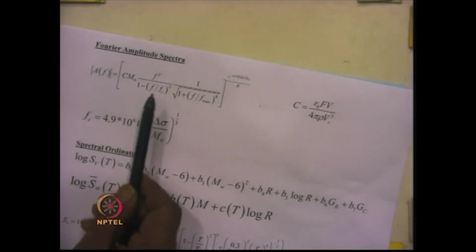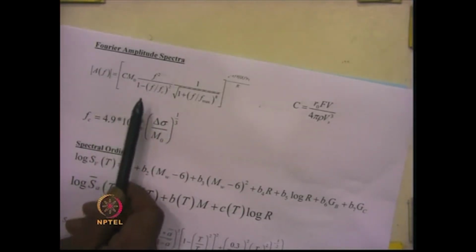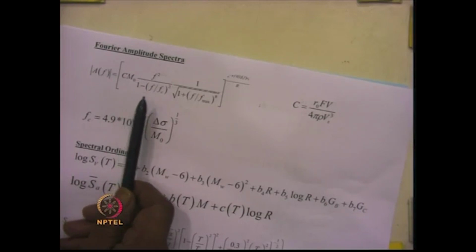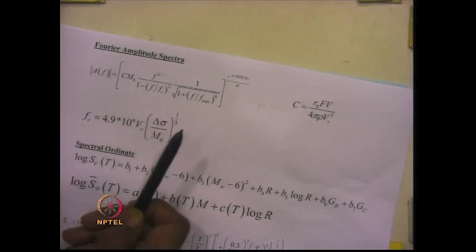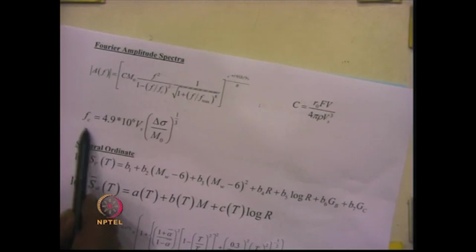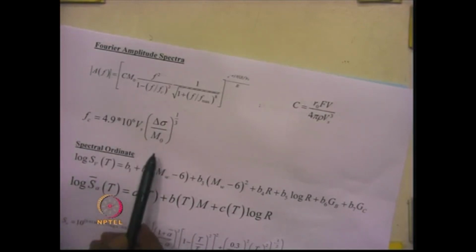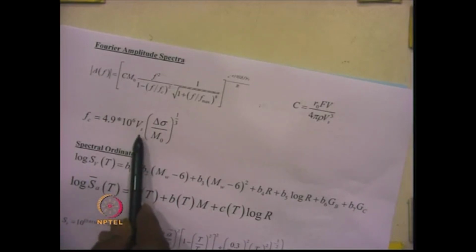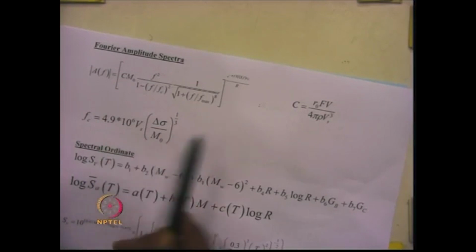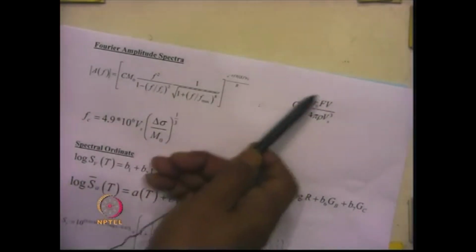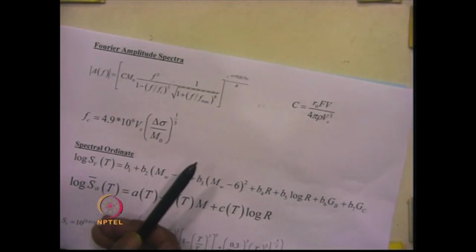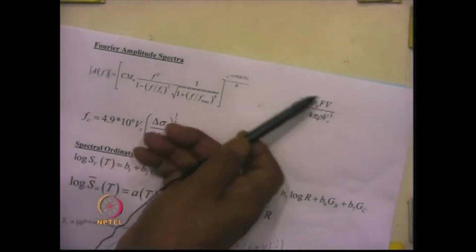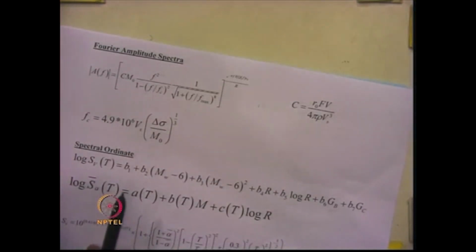Obviously, it can be converted to time period because frequency bears an inverse relationship with time period, and this Fc is related to the moment magnitude M0 and the shear wave velocity, and the constant c over here is dependent on the shear wave velocity with the help of this relationship.